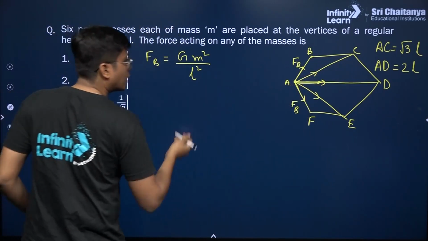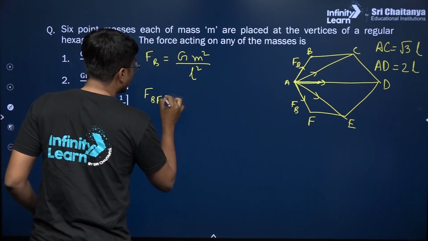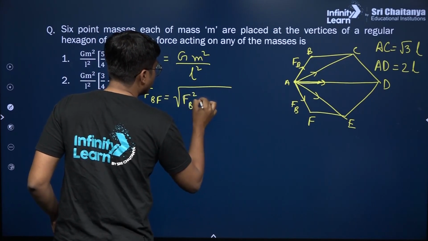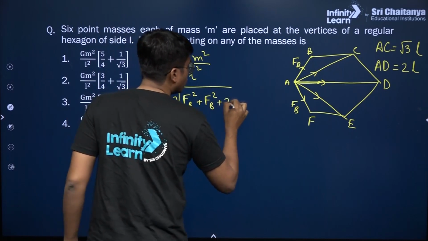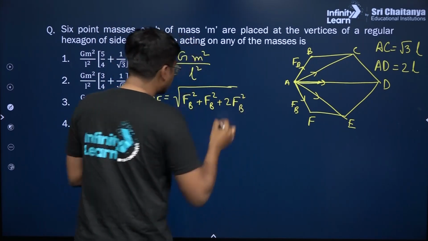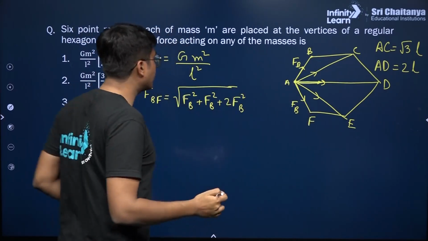So the resultant, let's call that FBF, is equal to root over of FB square plus FB square plus 2 FB into FB. Again, I get another FB square. Remember, this is FB square. This would be FF square. Since the magnitude is same, I'm keeping it as is.